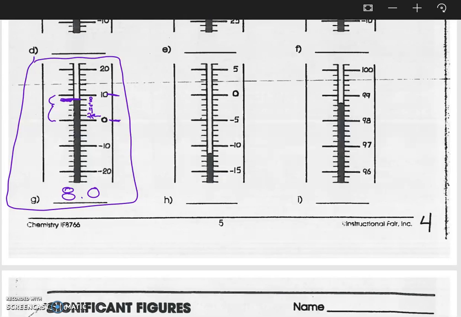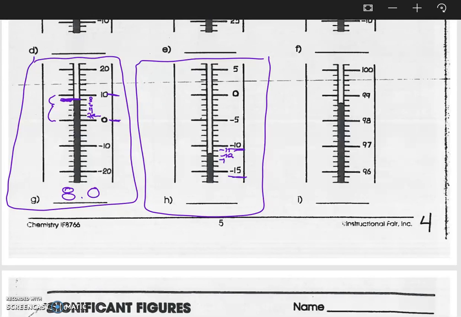So let's go on to this next one. I see on this one, the temperature is between -10 and -15. So these marks must mean -11, -12, -13, and -14. So I would say that the temperature is between -11 and -12.